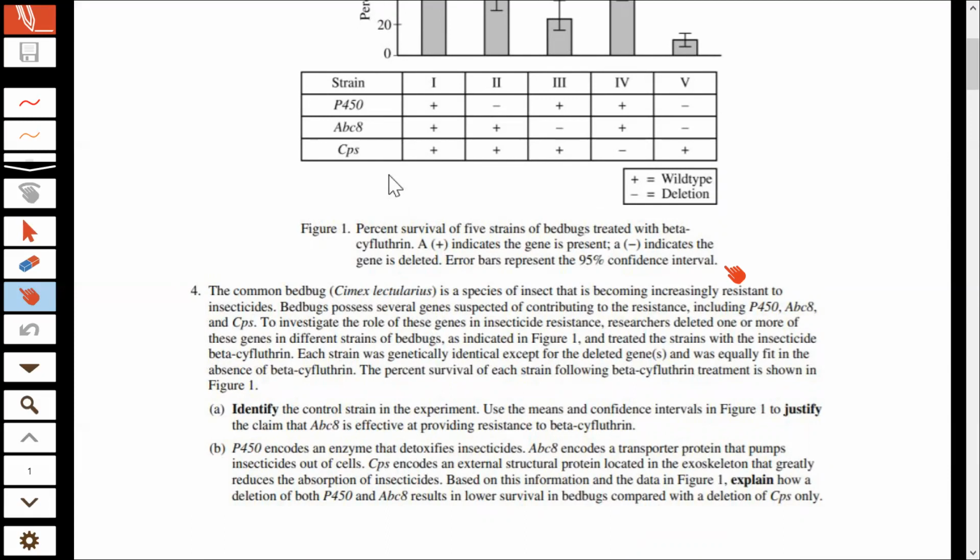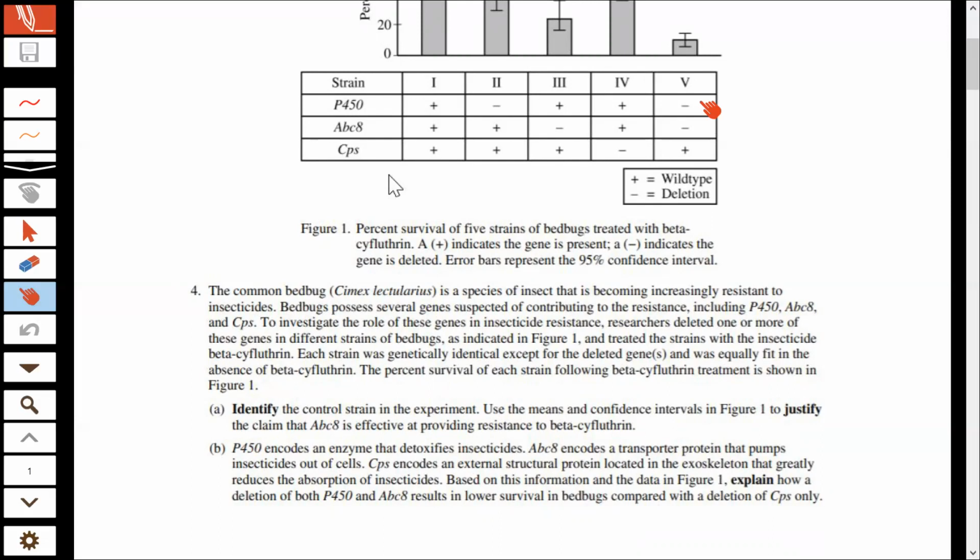right? And so let's start by looking at strain 5, right? And I'm going to read the exact answer that the College Board gives, and then we can sort of look at that and see how we could get to that. So it says here, bed bugs can neither detoxify or pump out insecticide, right?